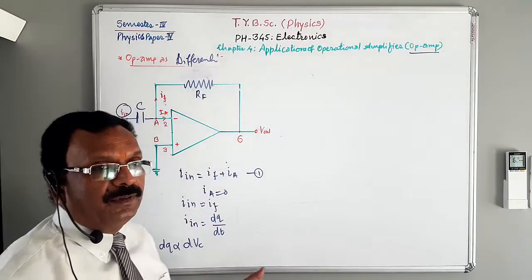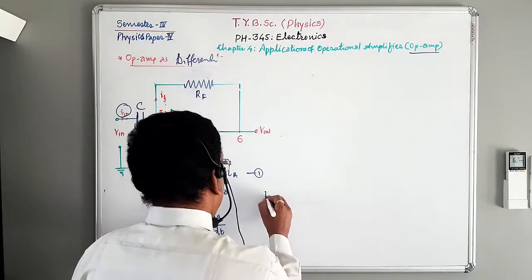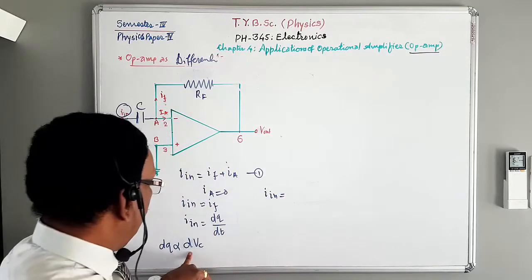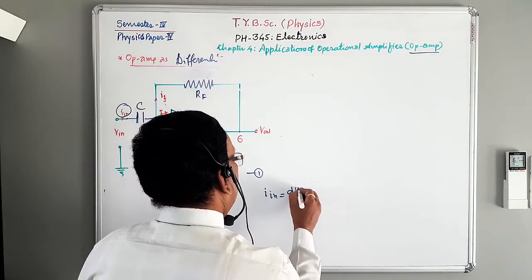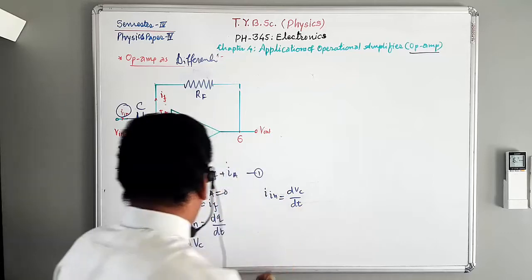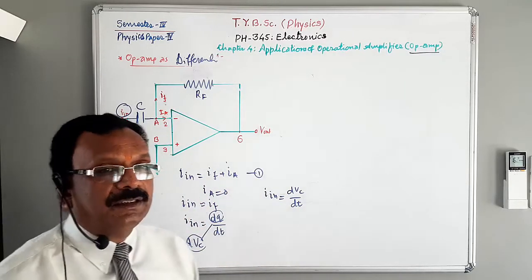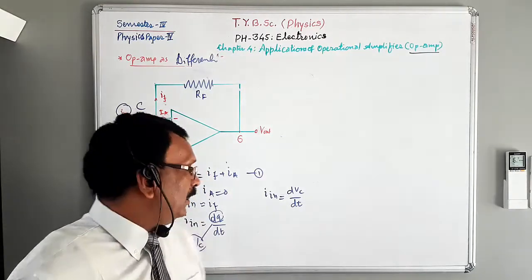Therefore, IIN is equal to, replace the dq by dvc by dt. We just replace this dq by this dvc. Okay.